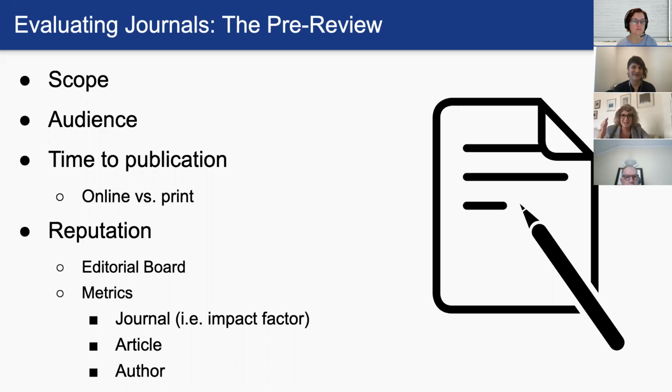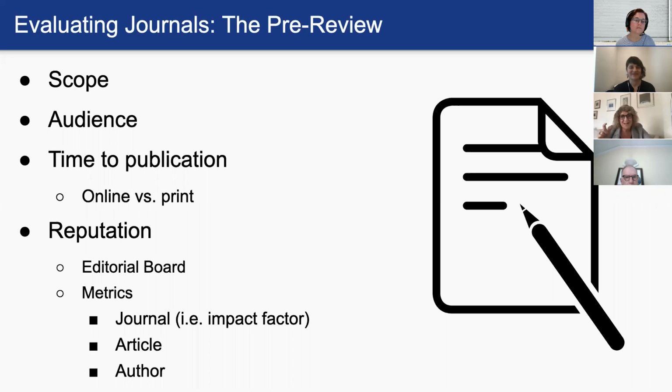It can be accessed through all kinds of databases. It's your final version that's been accepted, but it's not what we call the print version, even though many journals no longer actually have a print version, but they still have a print version. And that might not come out for 1.5 years, but you do have that published article that is legitimate for job searches, for jobs, for postdocs, all kinds of things.